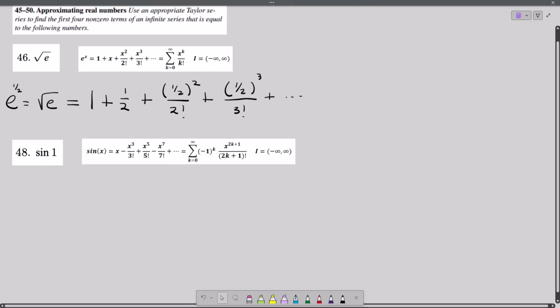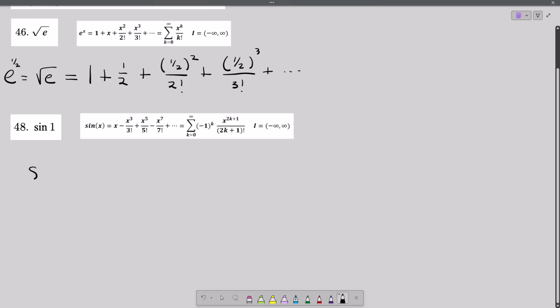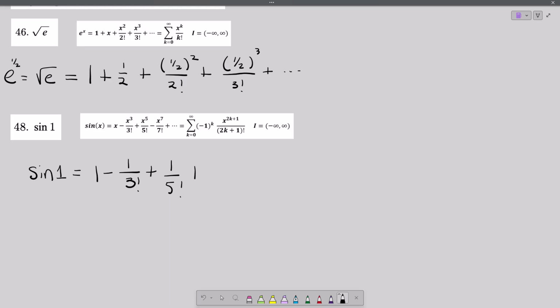Similarly, if we wanted an infinite series for sine of 1 radian, all we do is replace all the x's with a 1. So if we come on through, that is the infinite series version of sine of 1.